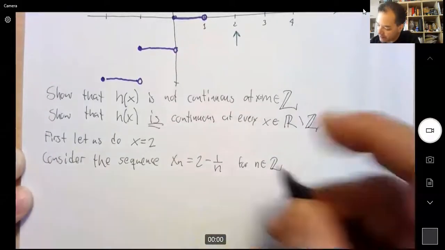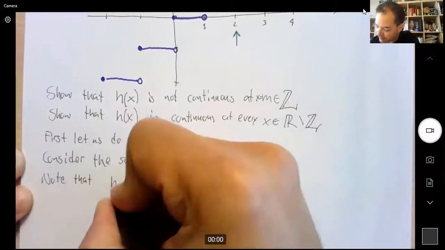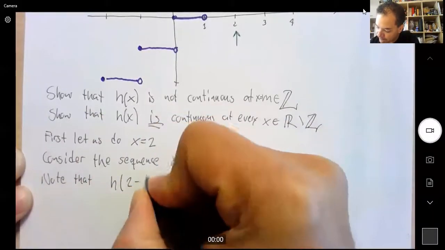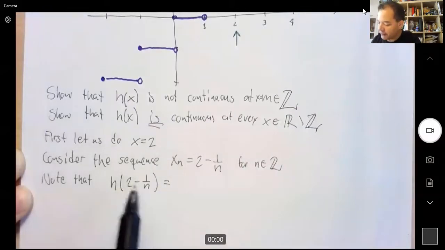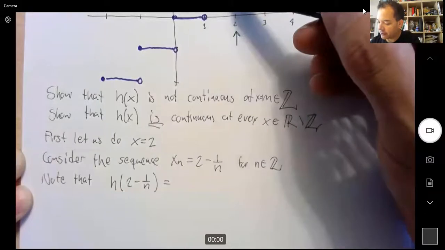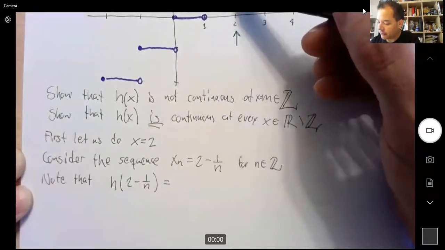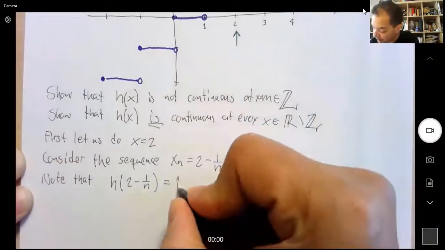Now, what is h of that? Well, the first one is 2 minus 1, so that one is 1. Then it's 2 minus a half, that's also 1. 2 minus 1/3 also 1. They're all 1, right? That's the important thing.